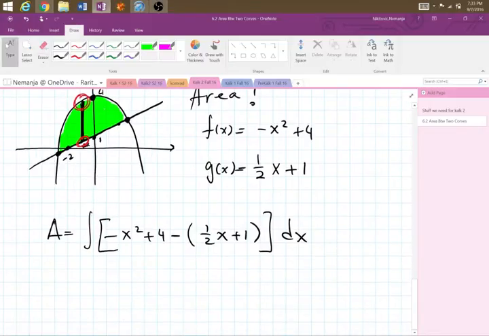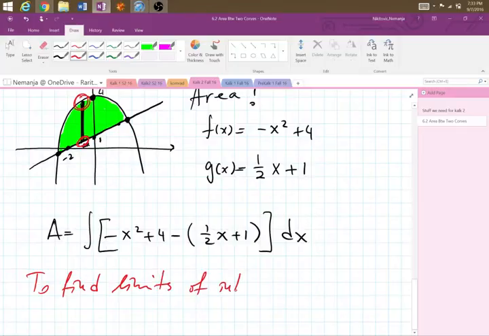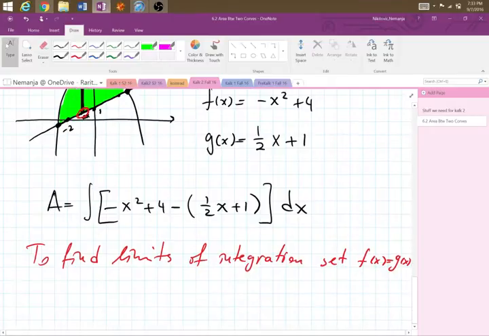So, to find limits of integration, set f of x equal to g of x and solve. Now we are probably going to get some horrendous numbers because I just put these functions.